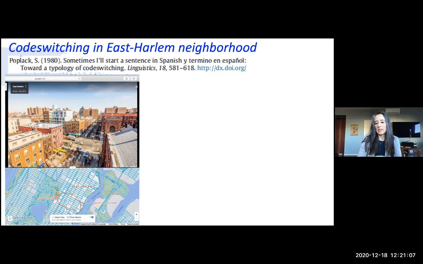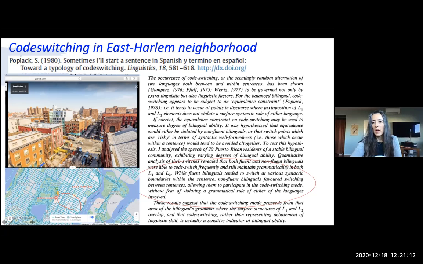So this is from her abstract: while bilinguals tended to switch at various syntactic boundaries within the sentence, the fluent bilinguals did that. The less fluent bilinguals favored switching between sentences, allowing them to participate in the code switching mode without fear of violating a grammatical rule of either of the languages involved.